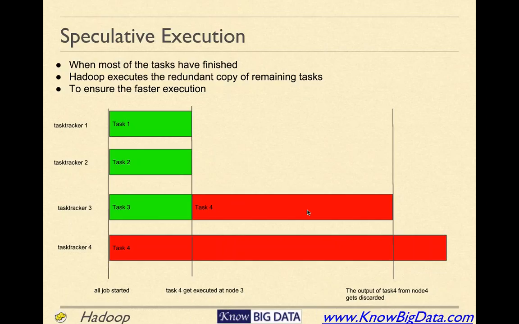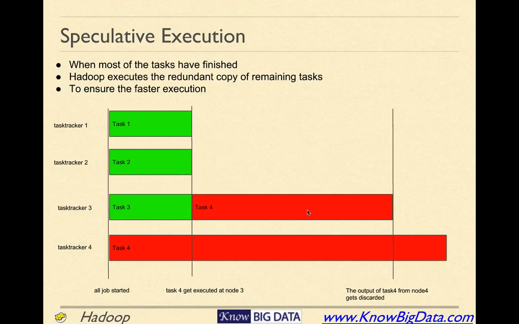Why? Because some nodes might be slow. This unfairness might impact us in the sense that our overall job may not finish because of some very slow nodes. So what can we do about that?